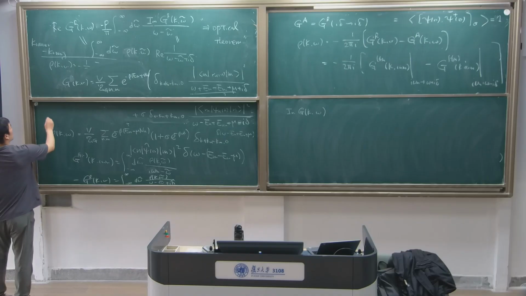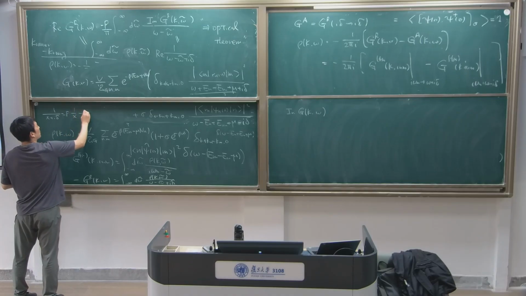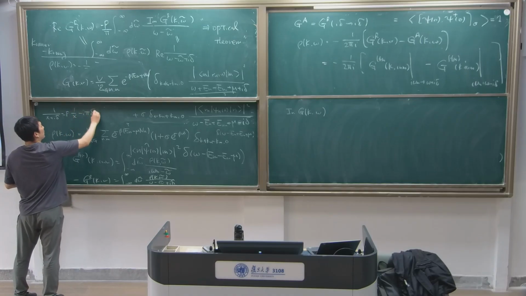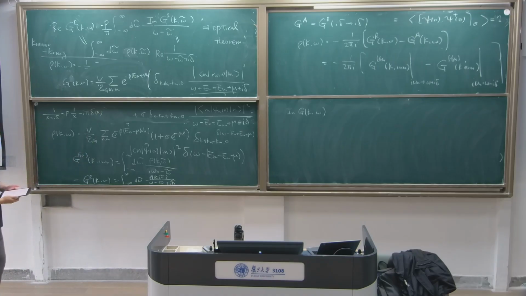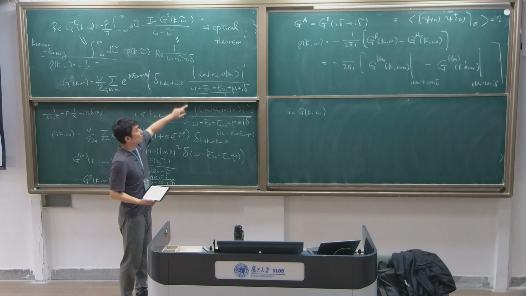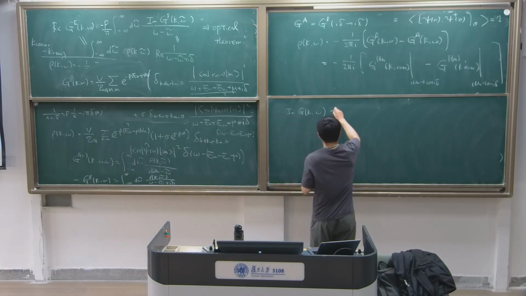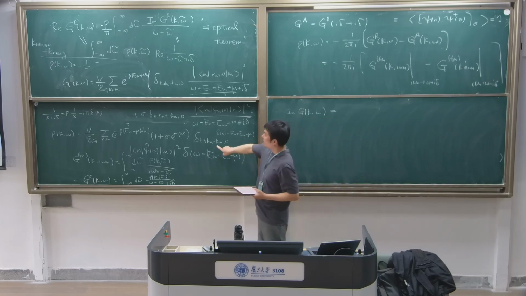And then use this relation: 1 over x plus i delta is equal to the principal value of 1 over x minus i pi delta of x, something like that. Apply this relation to here and here, and get the imaginary part of the green function, and compare with this guy.